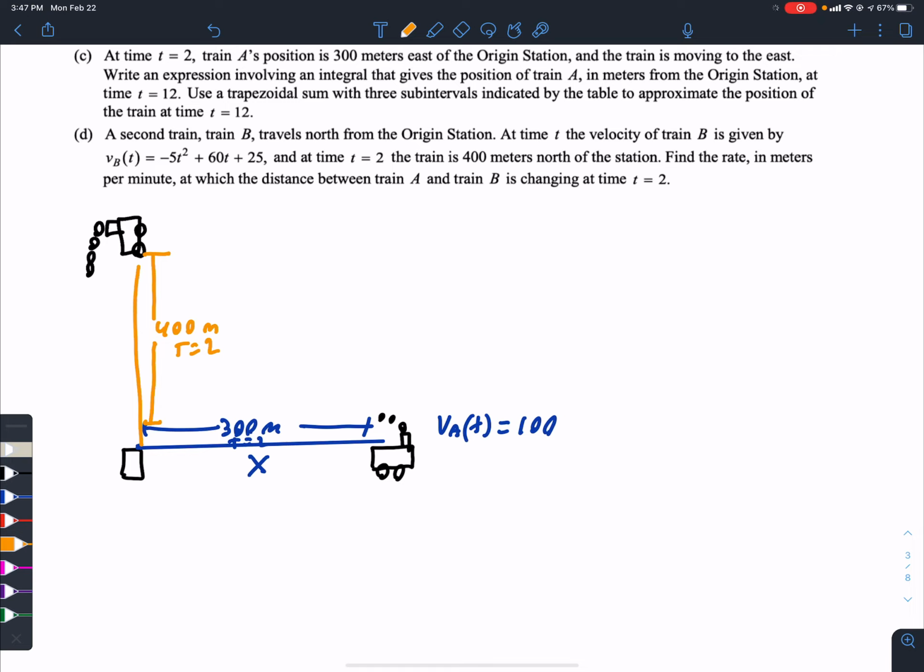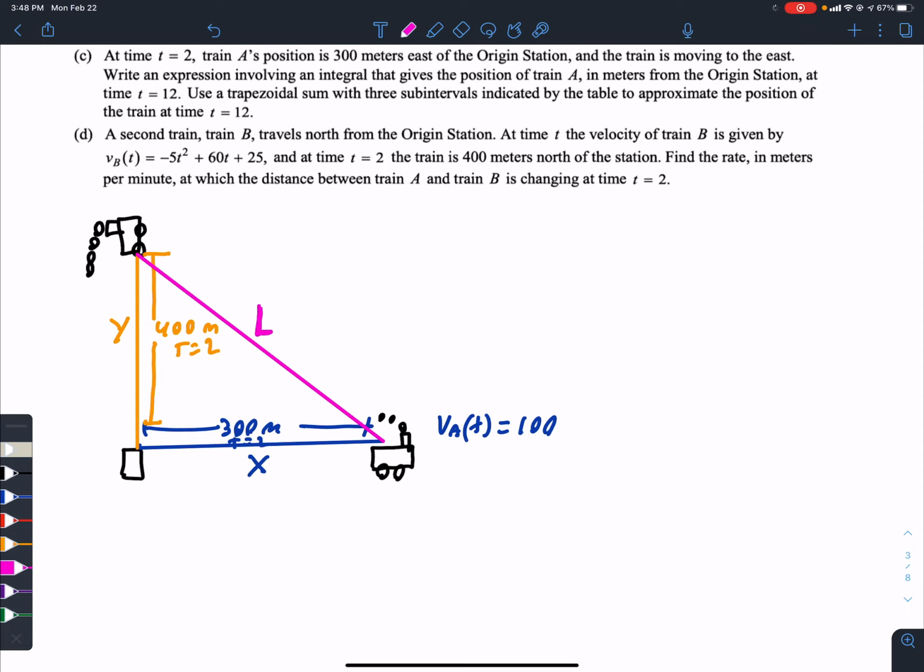And then this distance from the train to the station, I'm going to call y because it's in the y direction. And then they want to know how fast the distance between the trains is changing. That distance, I will call, I don't know, not d. I don't like using d's when I'm using derivatives. So I'm going to call it L for the length apart.